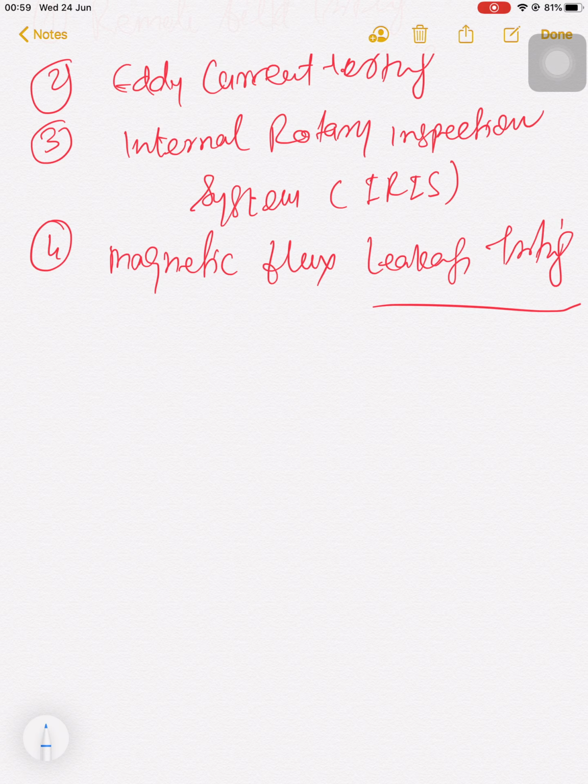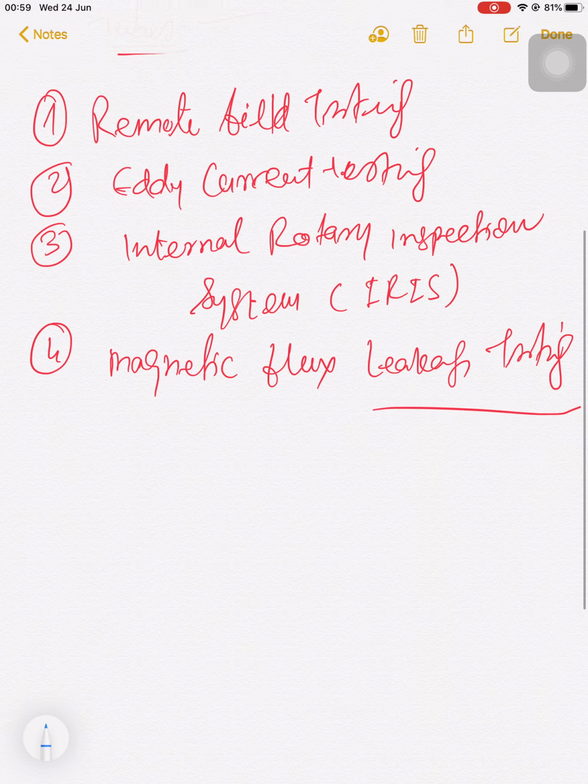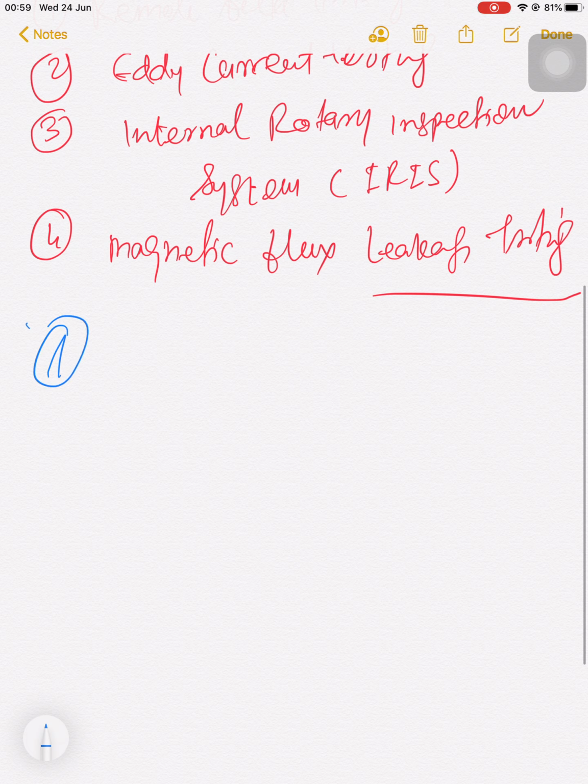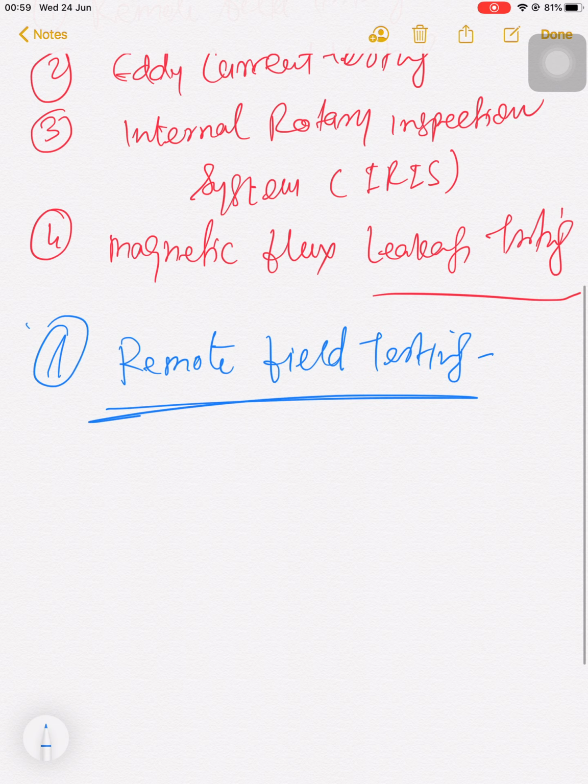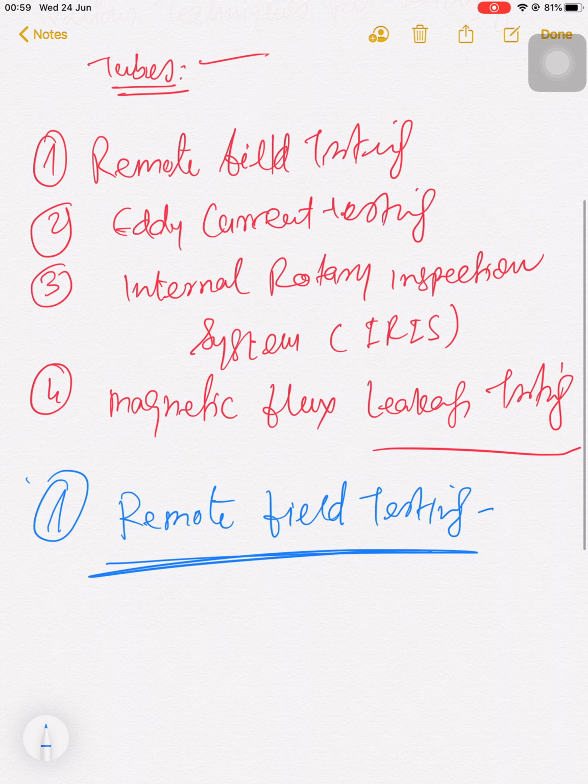Now we will start with the first technique, remote field technique. Okay, remote field testing.